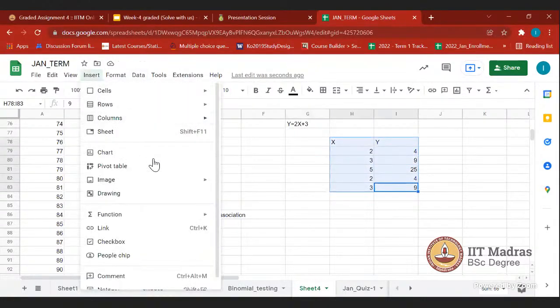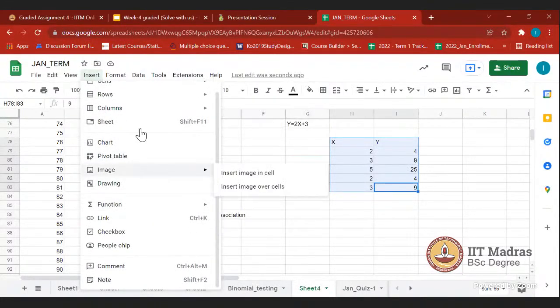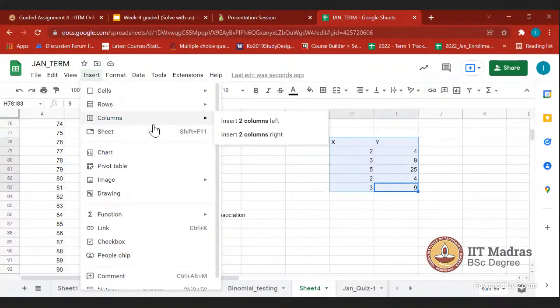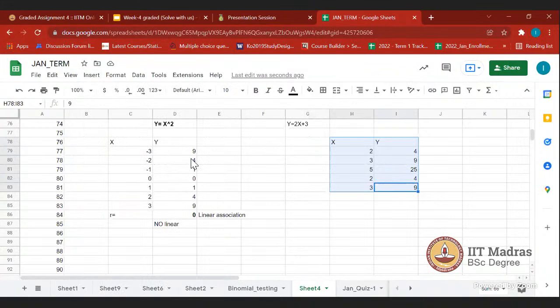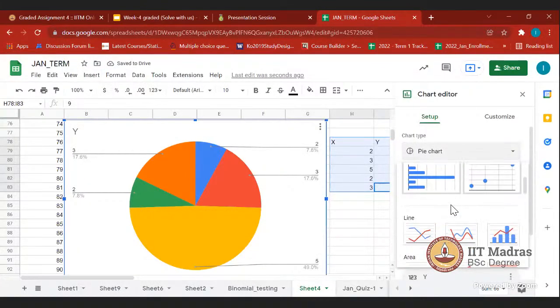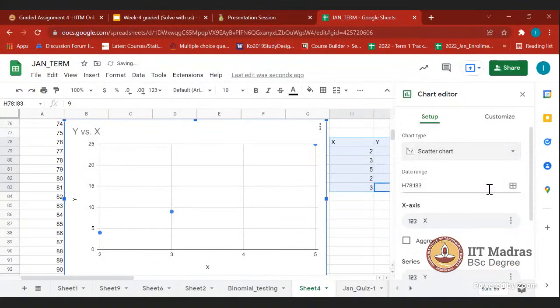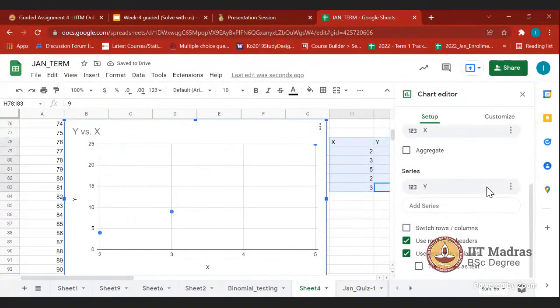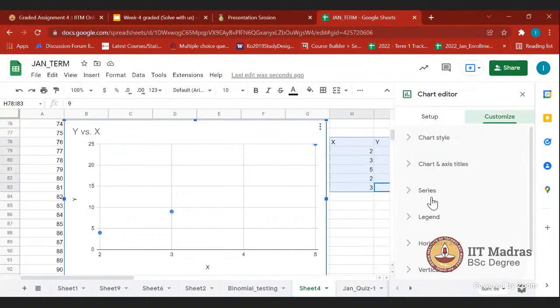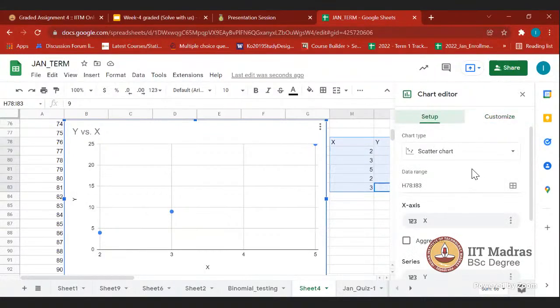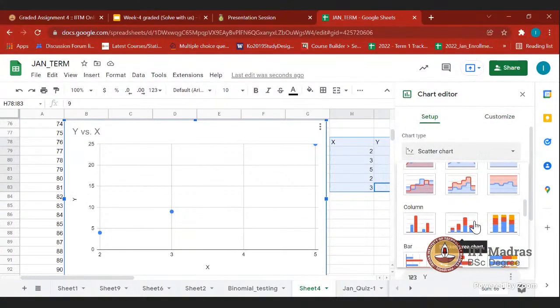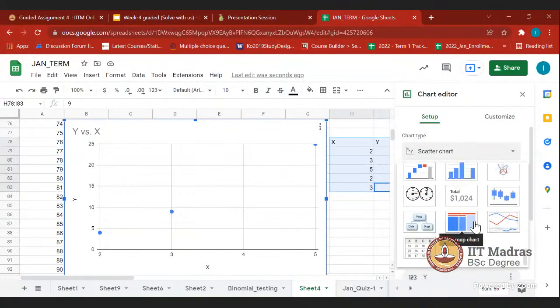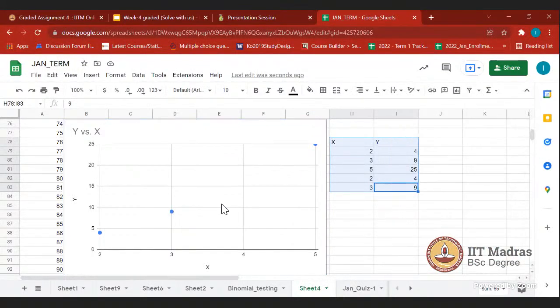I will insert some graph. Yes, good. Okay, so see, for this data there is a straight line being followed, right?